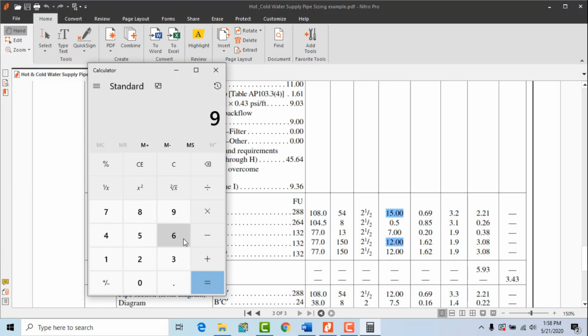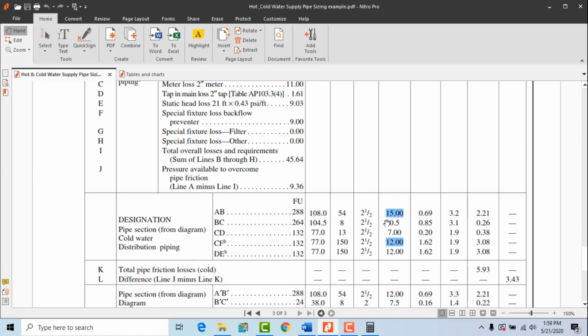So 9.36 divided by 338, the total equivalent length, multiplied by 100. How much friction loss do we get? That is 2.77 psi per 100 feet. This is the average friction loss, 2.77 psi per 100 feet.